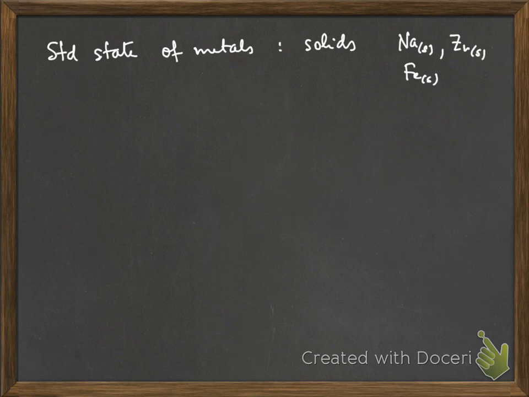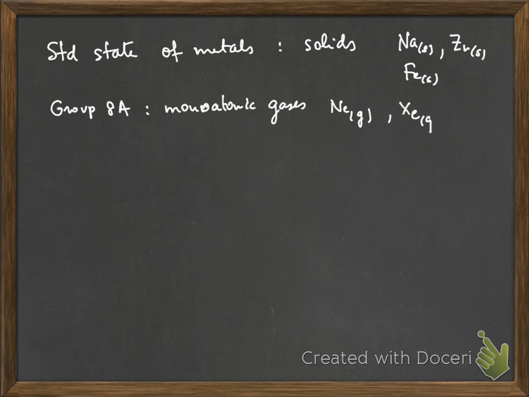Let's look at some other specific substances, say group 8A. Group 8A elements present themselves under those conditions as monoatomic gases. Group 8A are the noble gases, right? So examples, neon, xenon, and etc. There are some substances that present themselves as diatomic gases.